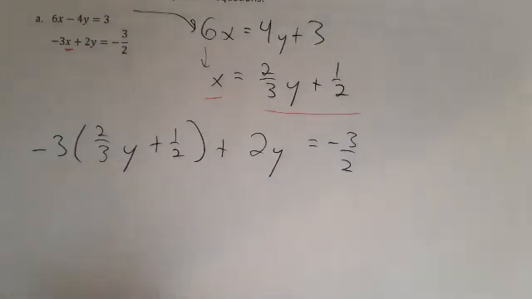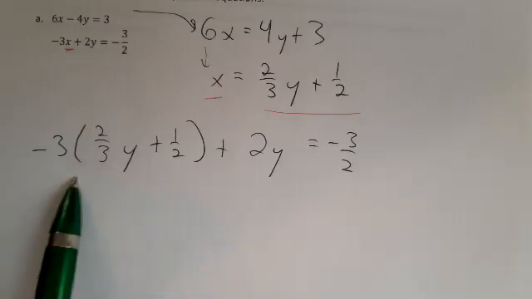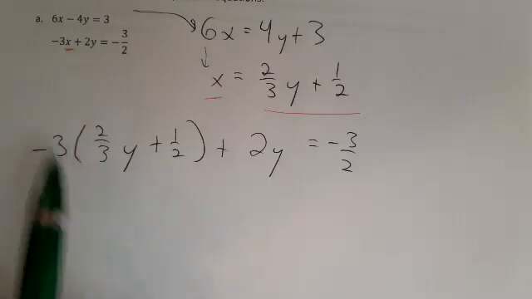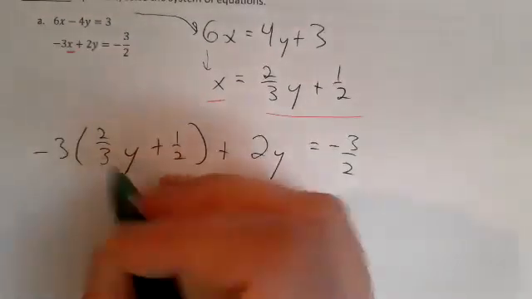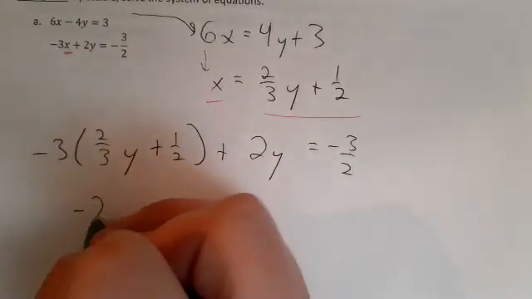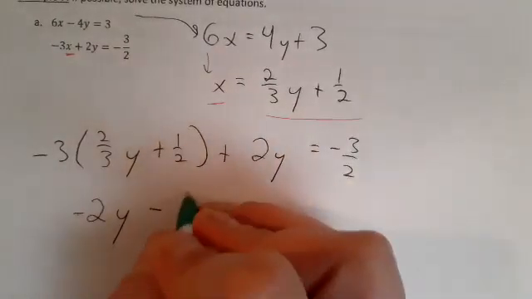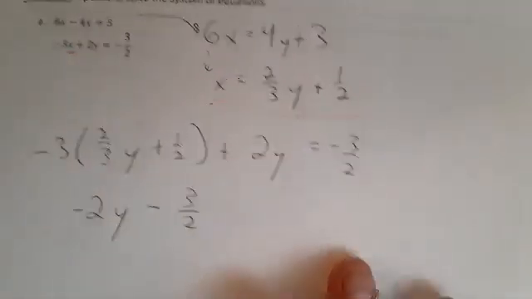Okay. And so now I have a one variable equation. So I should be able to solve this thing. And so now I want to do some PEMDAS distribution first. Minus 3 times 2/3 is going to be a minus 2y. Minus 3 times a half is a minus 3/2.